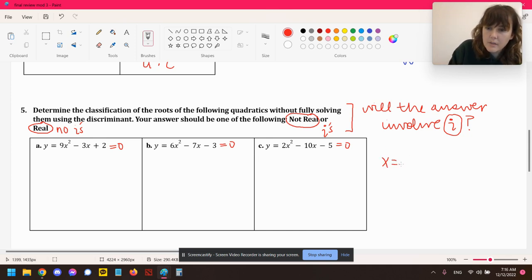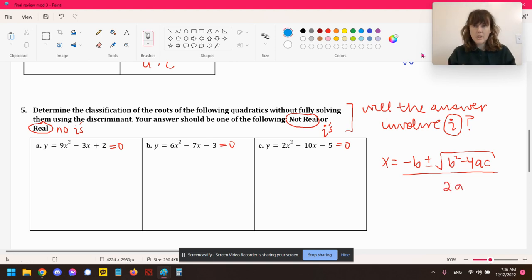What we're going to do instead is zoom in on the part of the quadratic formula that actually tells us whether we're going to get i's or not, right? If we look at the entire quadratic formula, the only place that i's would come from is this part right here, because i's are coded when we see a square root of a negative number.